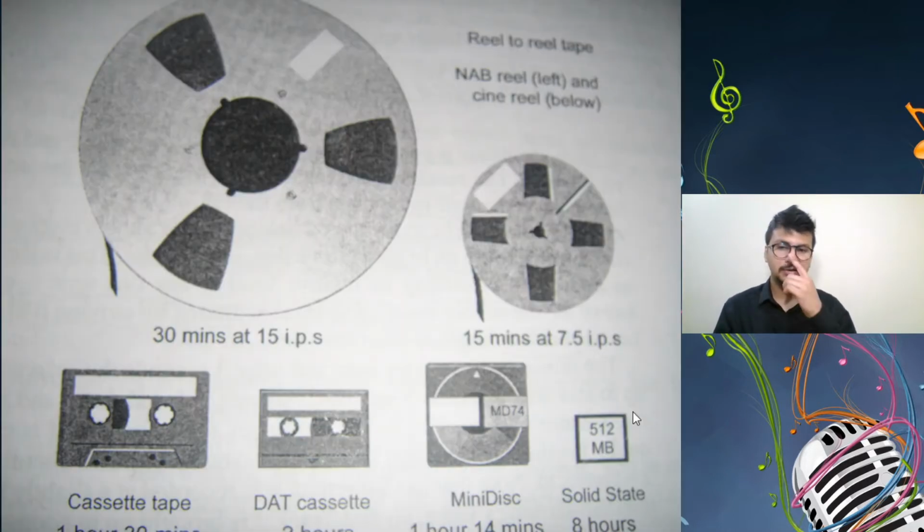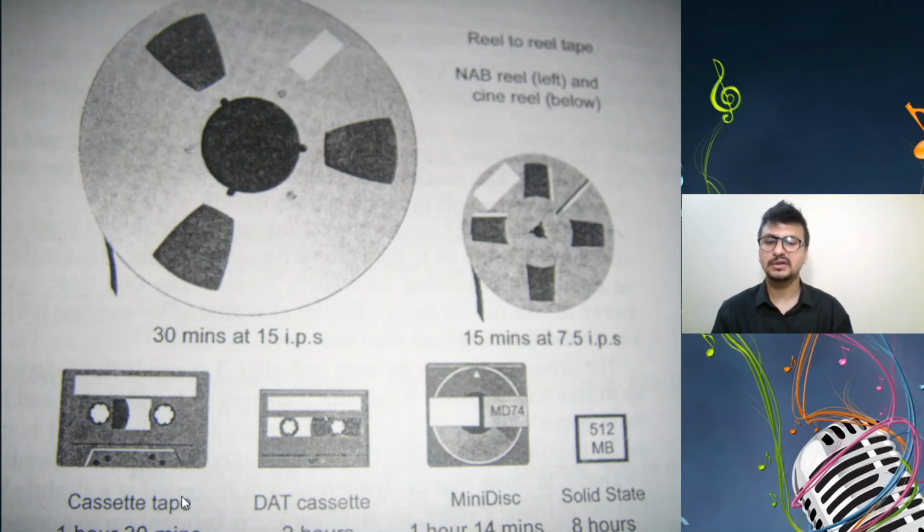This is the chart of cassette tapes. This is a cassette tape. This is a data cassette, that is DAT cassette, mini DV, mini disc. Solid state, that is 512 MB, generally records 8 hours of sound. The mini disc records 1 hour 14 minutes of soundtrack. The data cassettes are for 2 hours.